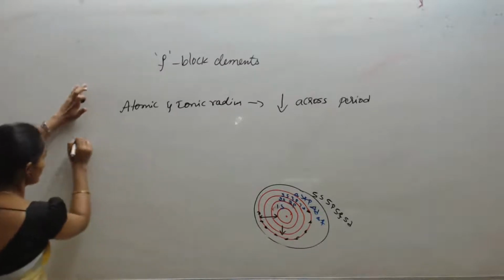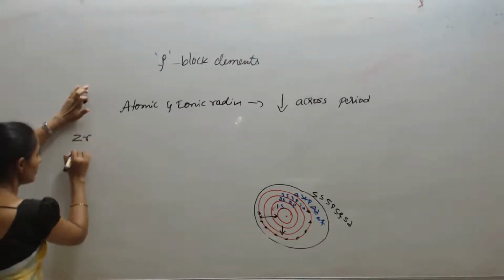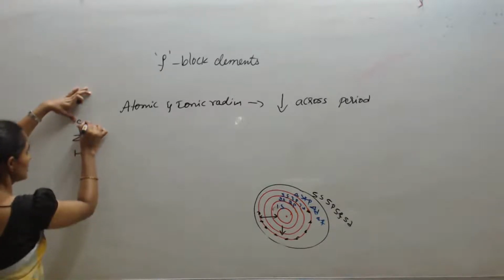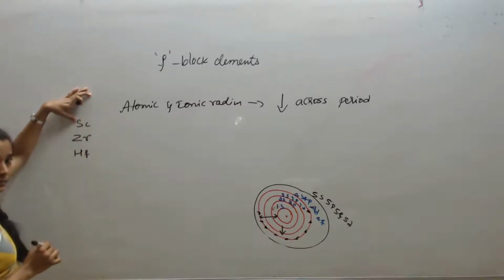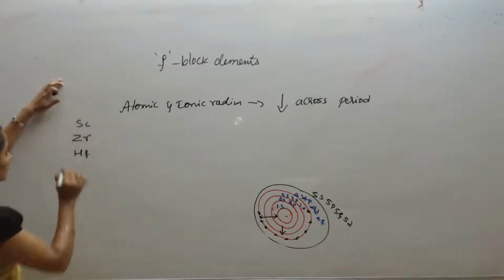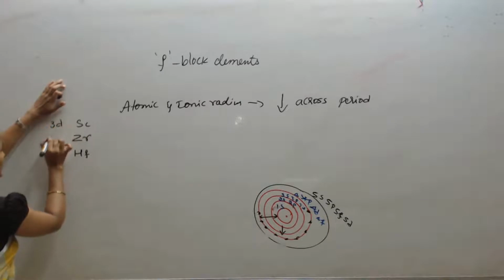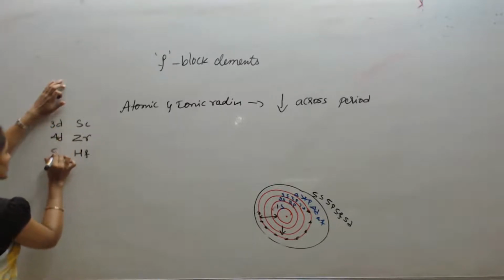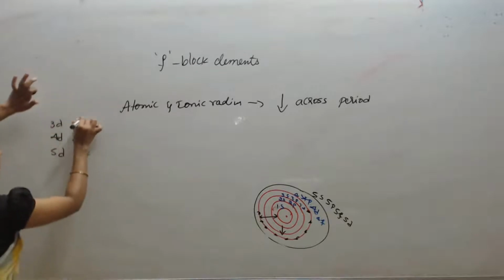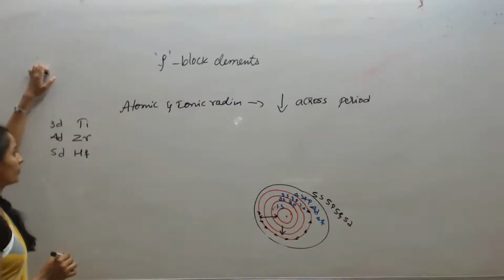I told you, students, zirconium is there, osmium is there. So this is scandium. I assume this is the 3d series, 4d series, 5d series: titanium, zirconium, osmium.